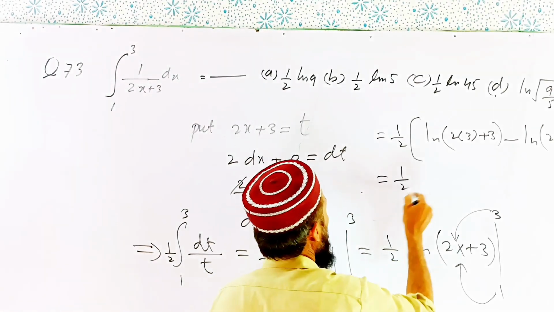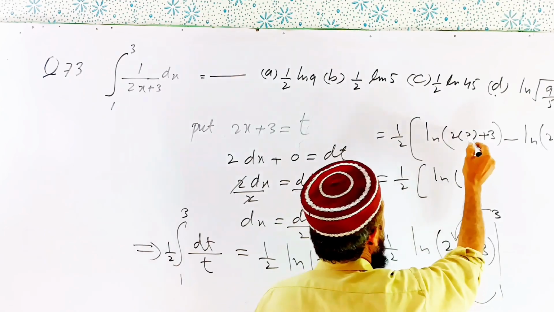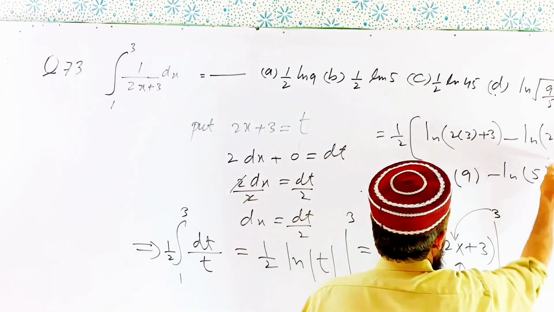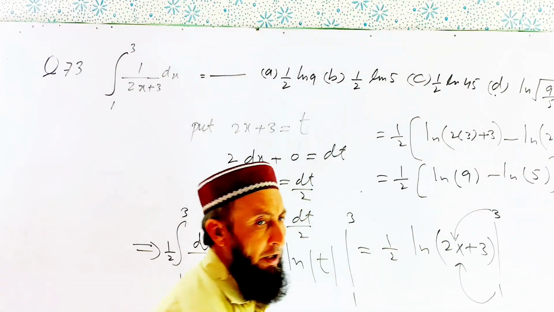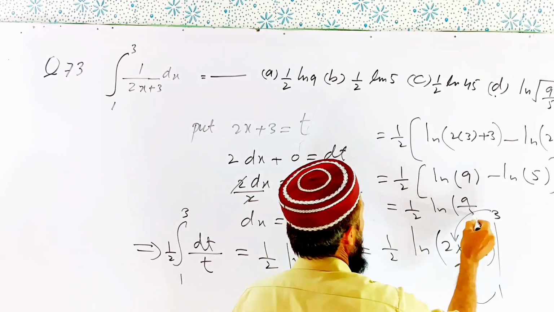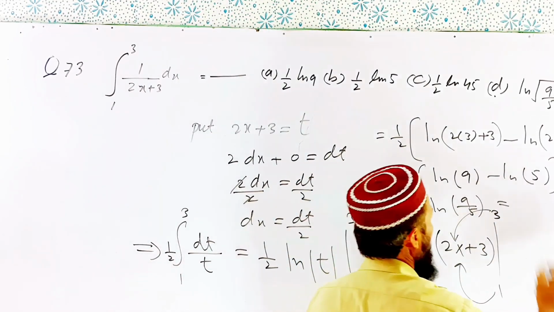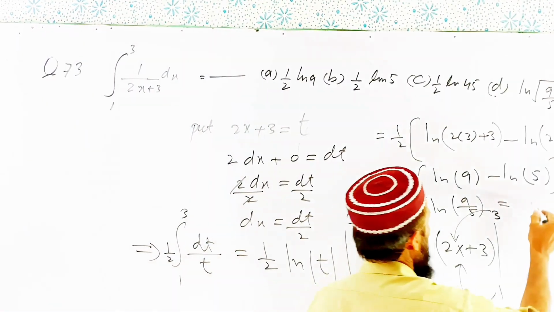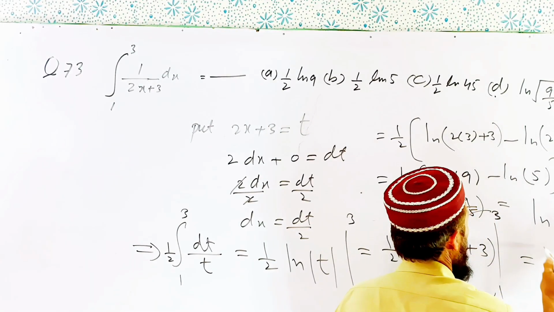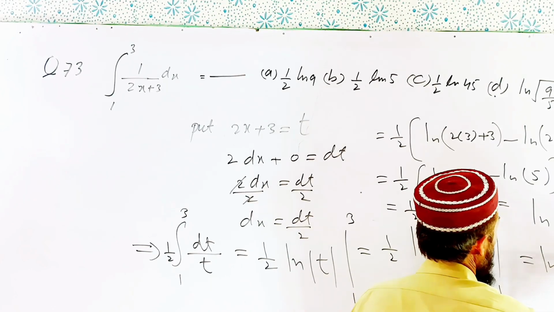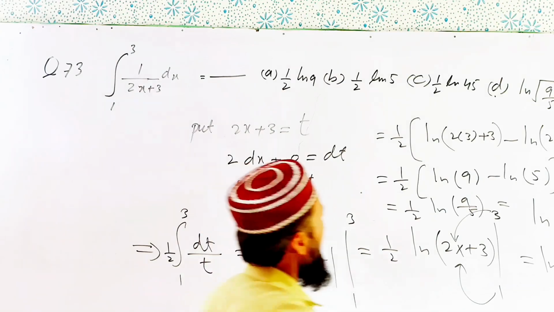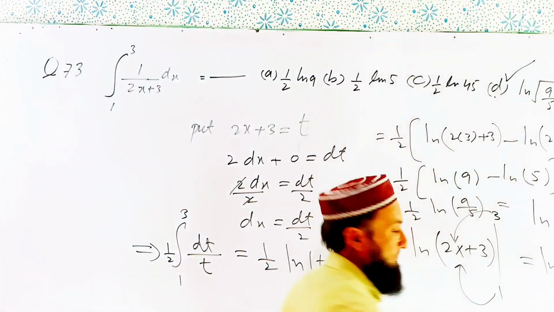We get 1 over 2 log of 9 minus log of 5. According to the log m divided by n rule, this is 1 over 2 log of 9 divided by 5. Using the power rule, we change this to log of 9 divided by 5 whole to the power 1 by 2, which is the square root. So we check that option D is the correct option.